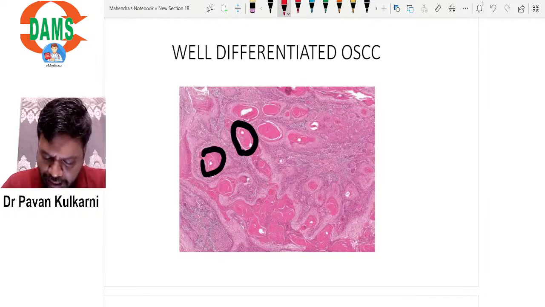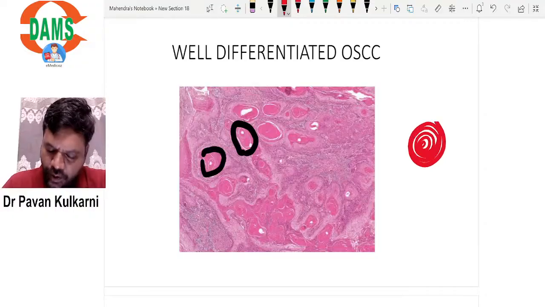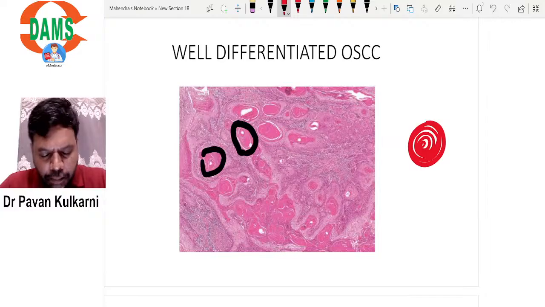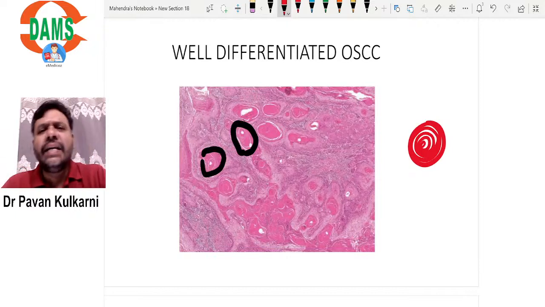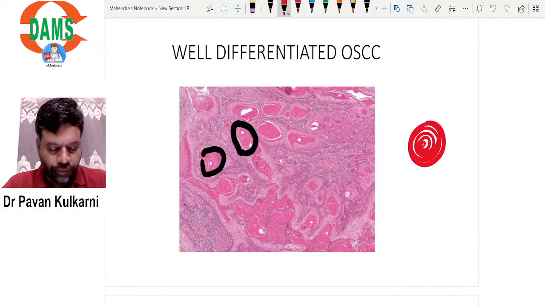It will show keratin like this. That is nothing but your keratin pearl. So the more the keratin, the easier it is to diagnose that this is a well differentiated squamous cell carcinoma.